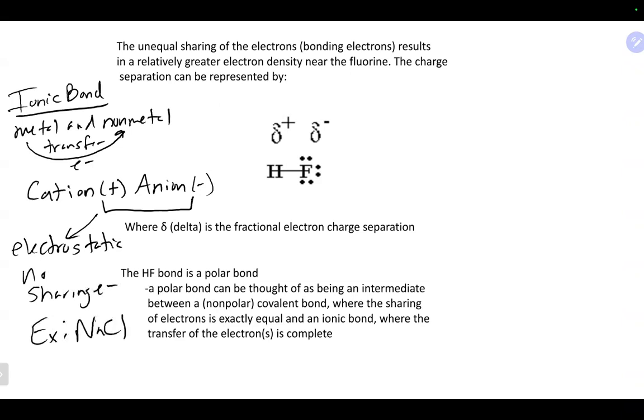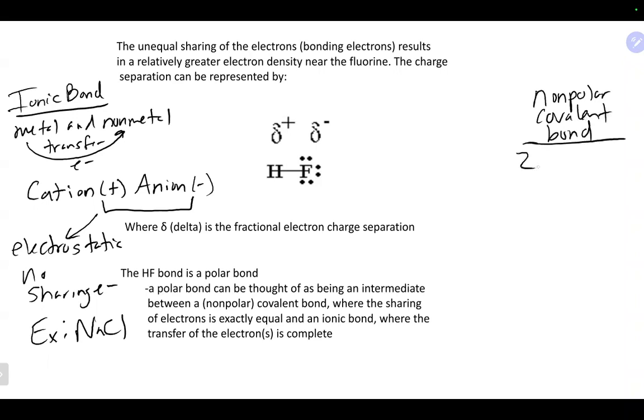So again, as soon as you see metal, non-metal, it's going to be this situation. We get full charges occurring here because electrons are fully transferring from one to the other, like the original sort of structures we were drawing at the beginning here today. On the other end of the extreme, we have a non-polar covalent bond, or just a non-polar bond, if you like to call it that.